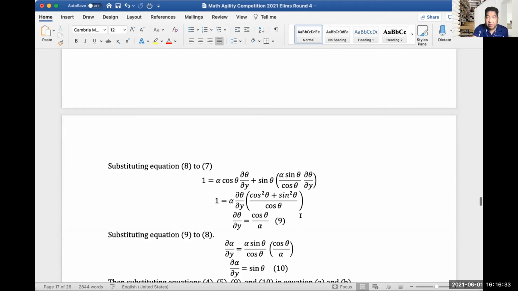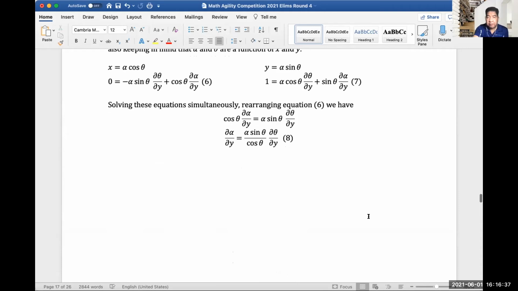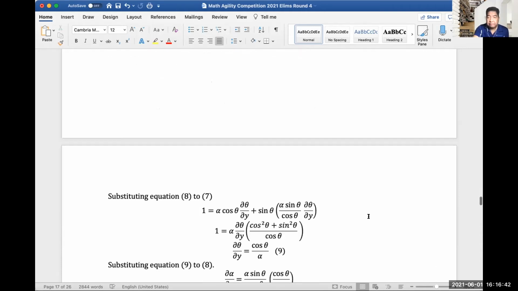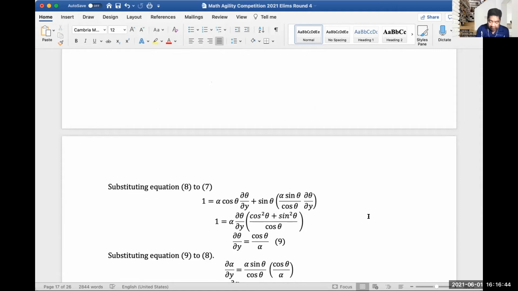The next thing we will need to solve is partial of theta with respect to y, right? Okay, so we can do that by substituting equation 8, which is this equation, to equation 7. So we will be able to solve partial of theta with respect to y, which is equivalent to cosine theta over alpha, and that would be equation 9.